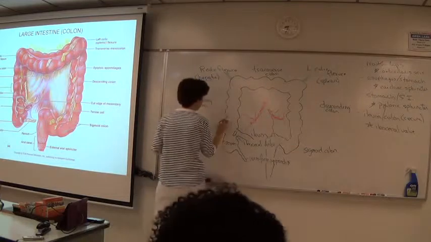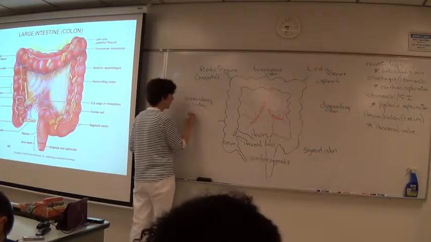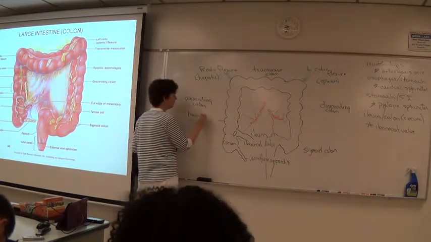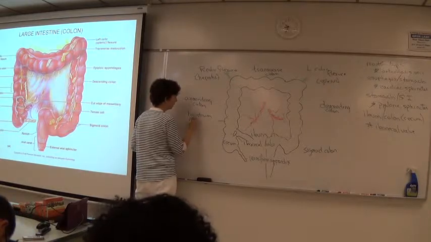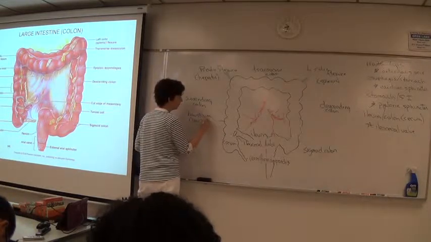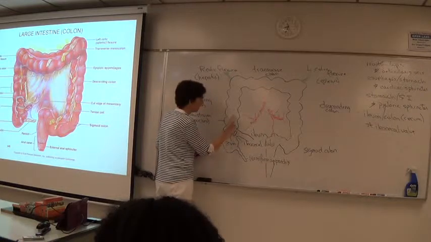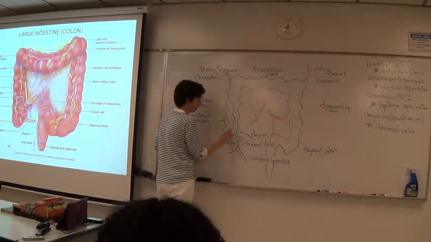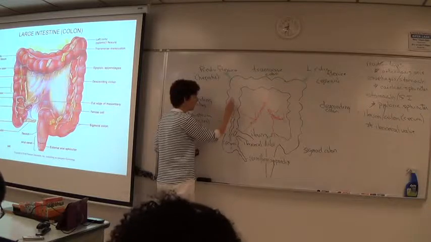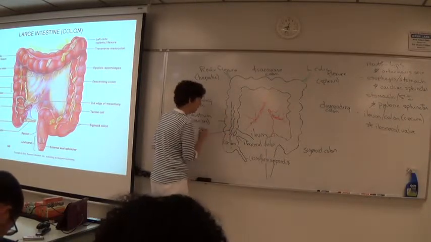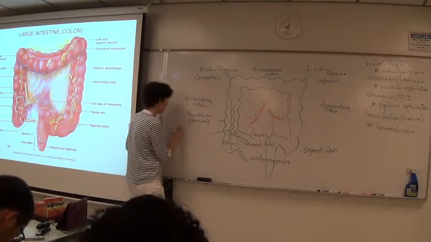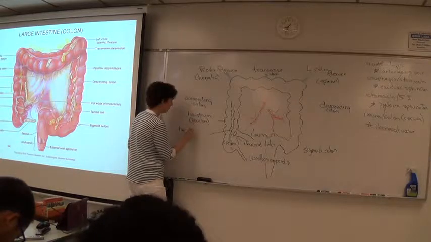So the pouches are known as haustra, or haustrum for singular. Again, we see just that one of three bands of the outer longitudinal, which is the taenia coli.